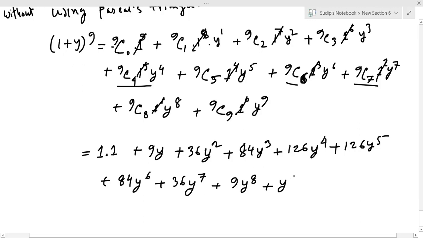So this is the answer. 1 into 1 is equal to 1, therefore we will not write this one. Then this is the expansion.